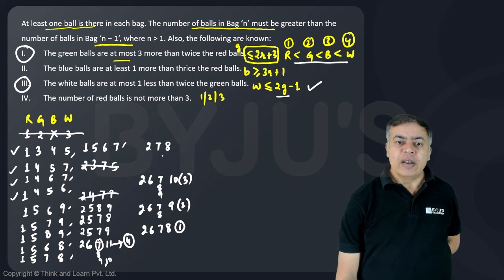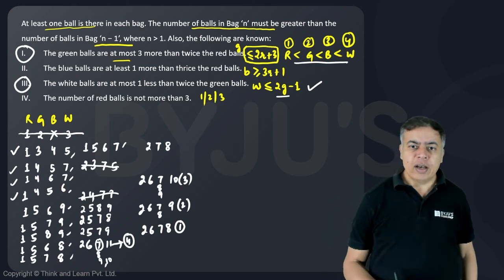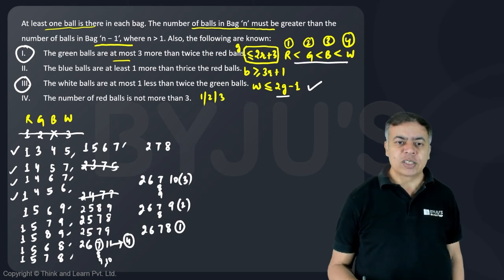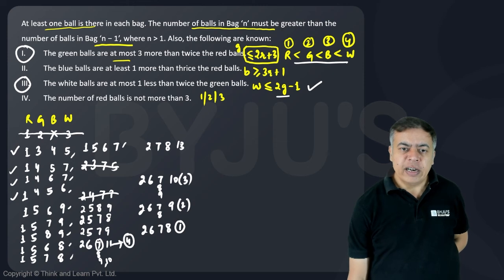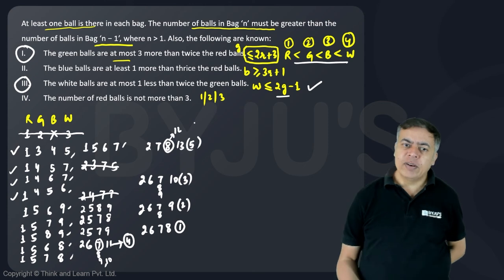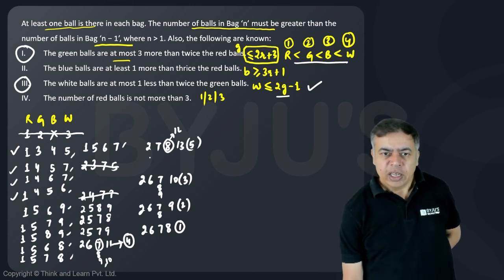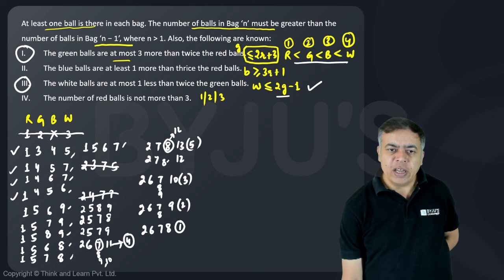And white will be 7 into 2, 14, minus 1, 13, or less. So here it would be 13 or less. So if I have written 13 here, it can go from 8 to 12. That is 5 cases: 8, 9, 10, 11, 12. If I take 2, 7, let's say 12 here, it can go from 8 to 11.